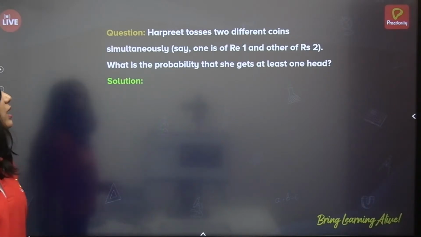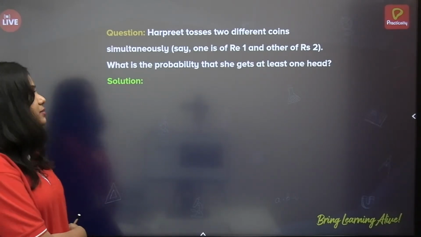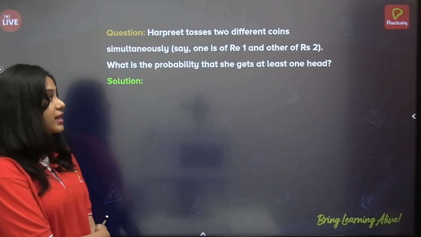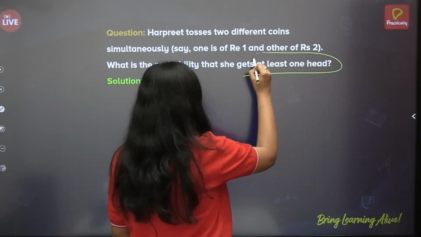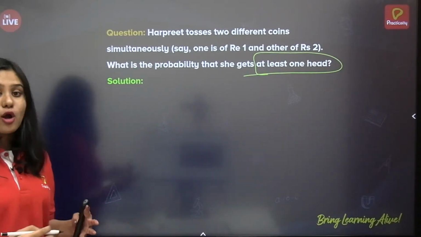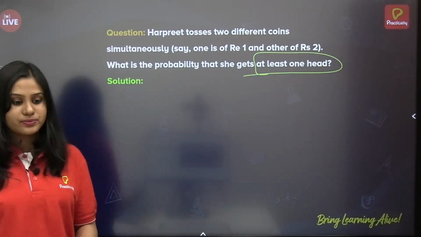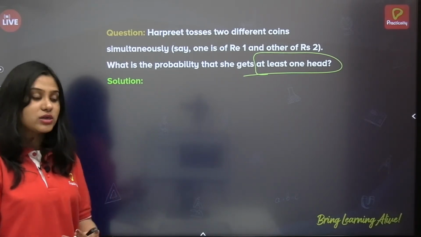Next. Harpreet tosses 2 different coins simultaneously. Let it be a 1 rupee coin and a 2 rupee coin. What is the probability that she gets at least 1 head? Come on, answer it. Understand the question. What is the probability that she gets at least 1 head? When you are tossing 2 coins, what might be the outcomes?